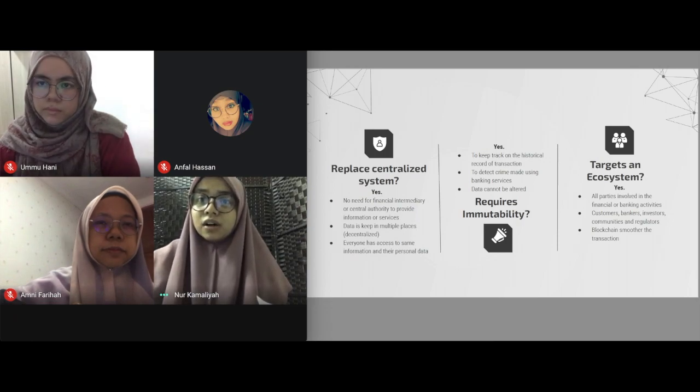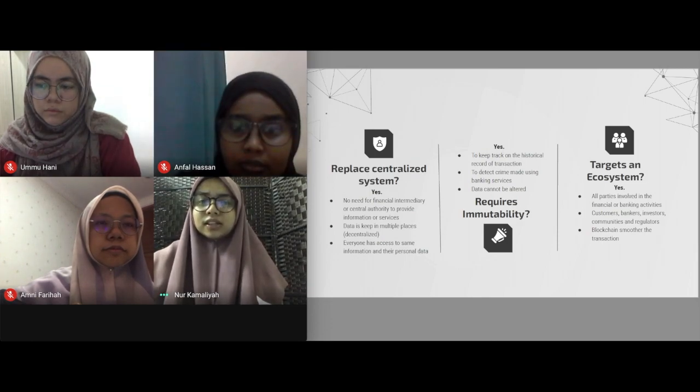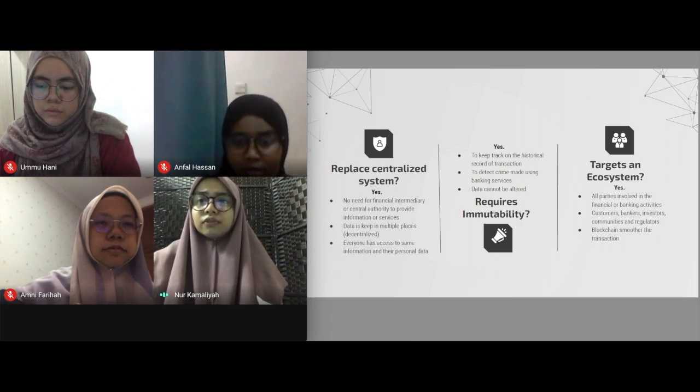The parties involved are the users in financial or banking activities such as customers, bankers, investors, communities, and regulators. Those parties need a system that can give justice and not use their data for any bad purposes without their knowledge. So that's why blockchain comes to smooth the transaction.